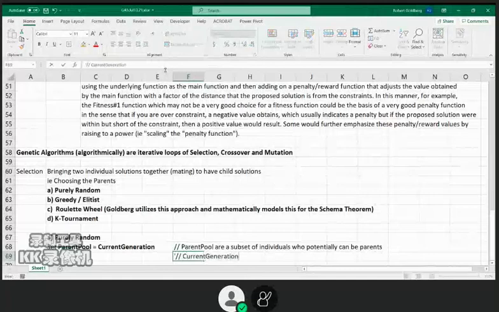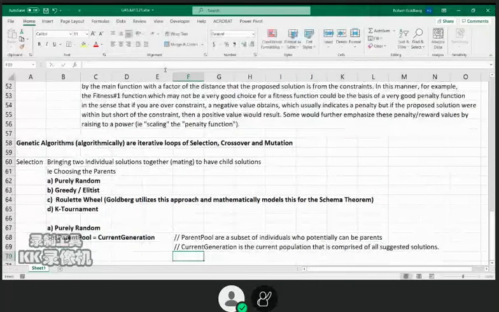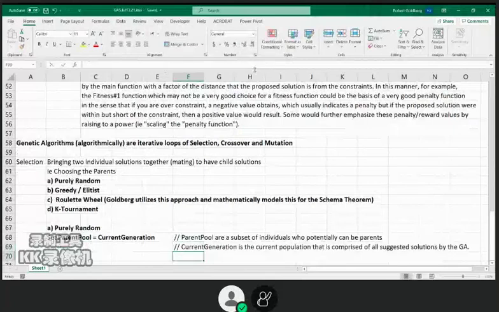Current generation is the current population that is comprised of all suggested solutions, actually suggested by the algorithm, it's not a theoretical all. All right, suggested solutions by the genetic algorithm.